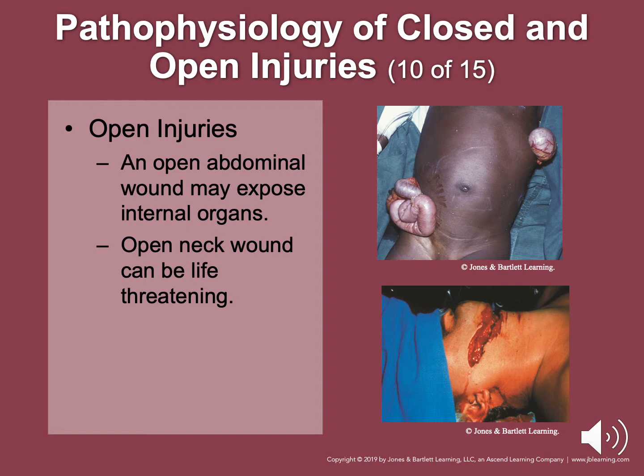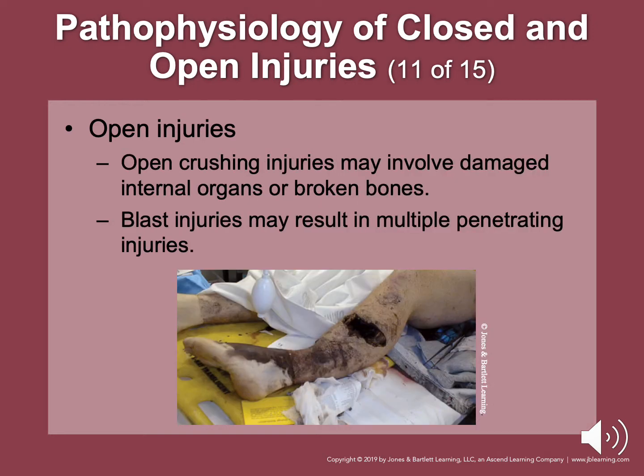I'm not really sure if that's impaled or he's just having an avulsion of his skin down there. Open crushing injuries may involve damaged internal organs or broken bones. Blast injury may result in multiple penetrating trauma injuries.